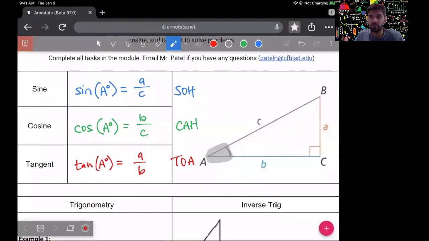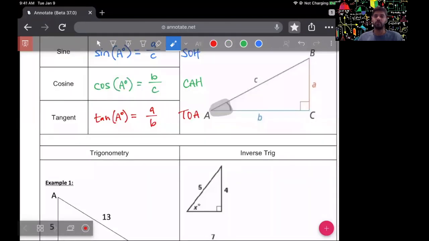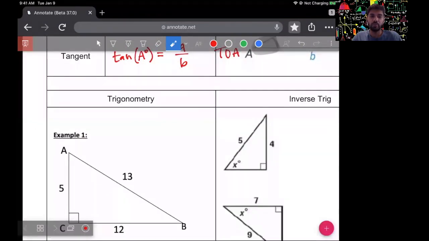If we had a real situation with actual dimensions for my triangle, these values would be fractions with numbers in them, or these angles would be whatever angle I'm looking for. Depending on the problem, you'll probably have to use just one of them.